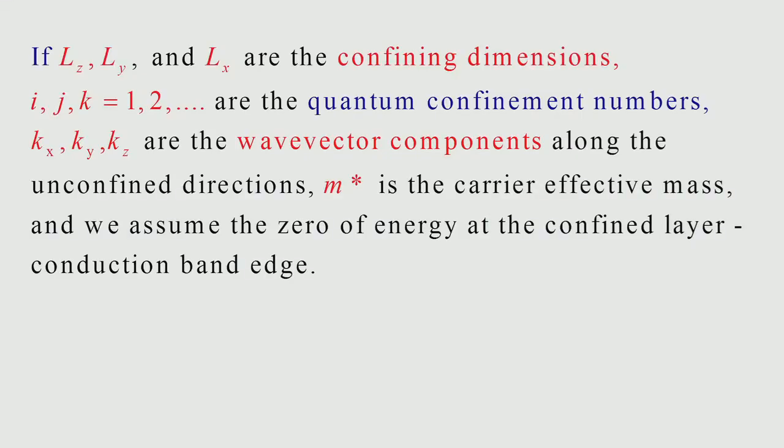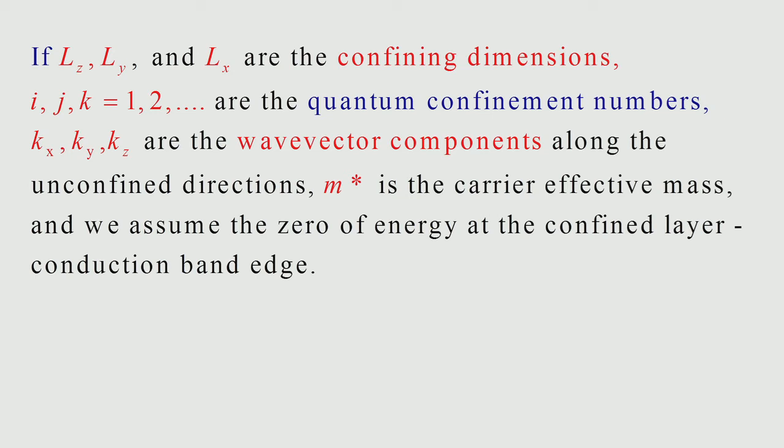So now we define Lz, Ly, and Lx as the confining dimensions. i, j, k equal to 1, 2, and so on are the quantum confinement numbers. kx, ky, kz are the wave vector components along the unconfined directions. m star is the effective mass, and we assume zero of energy at the conduction band edge of the confined layer.